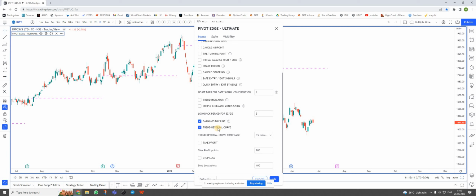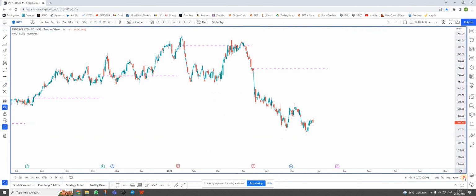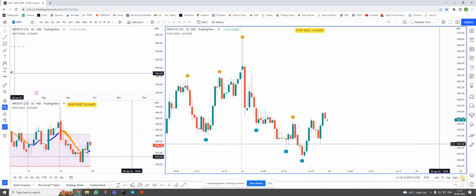Next, one more feature I have given is the trend reversal curve. We'll come back to our intraday time frame.